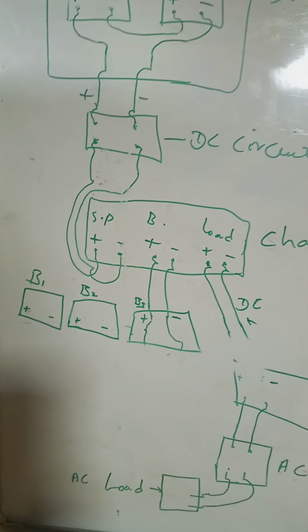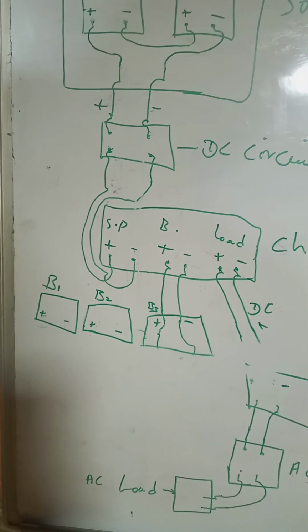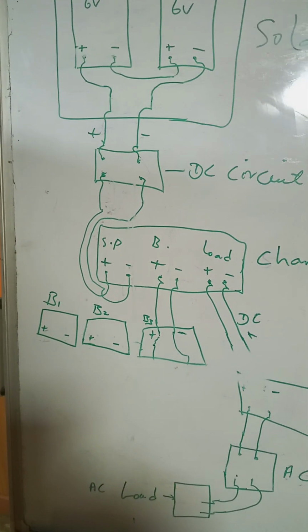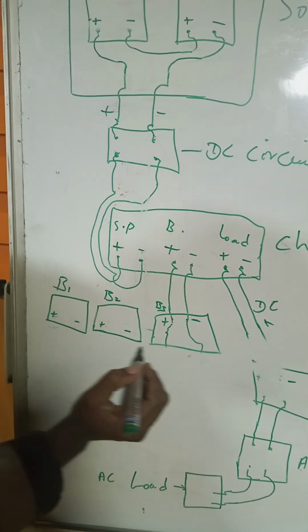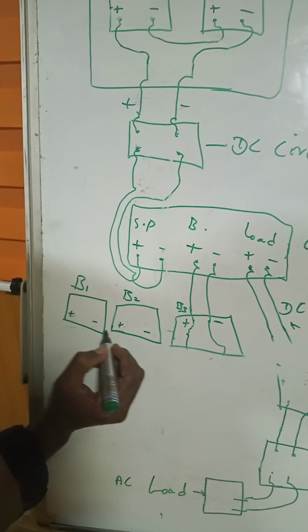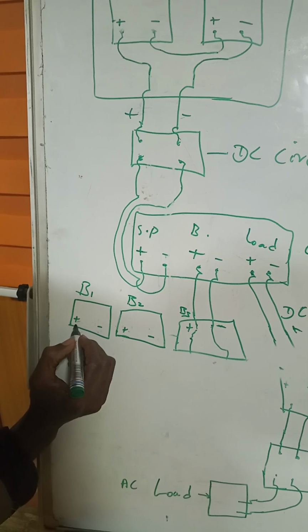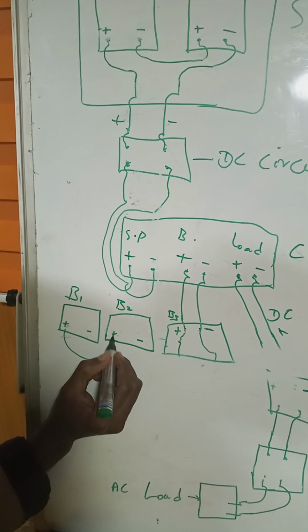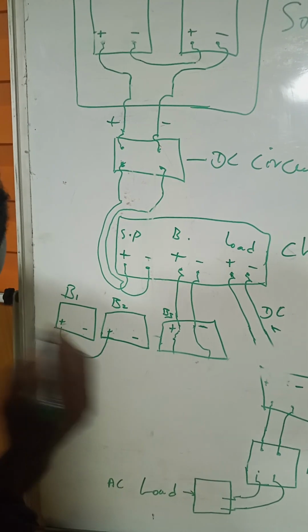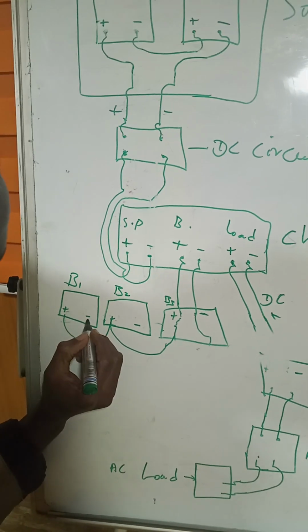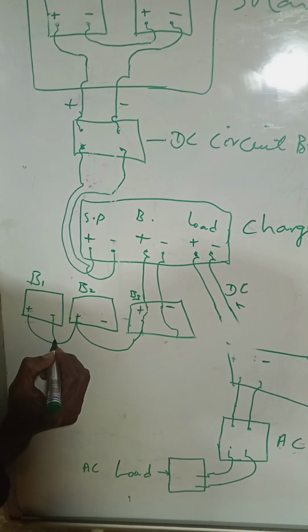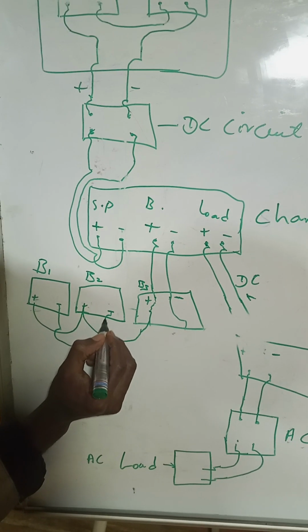As I have told you, the 3 batteries will be connected in parallel for us to have an increase in the ampere hour. Okay, to connect these batteries in parallel, all the positive will be connected together and all the negative will also be connected together.